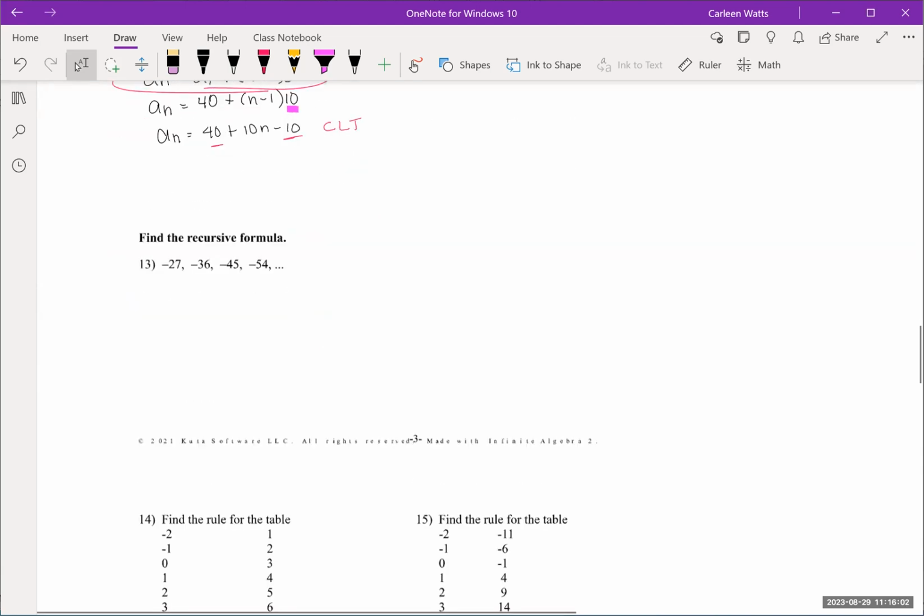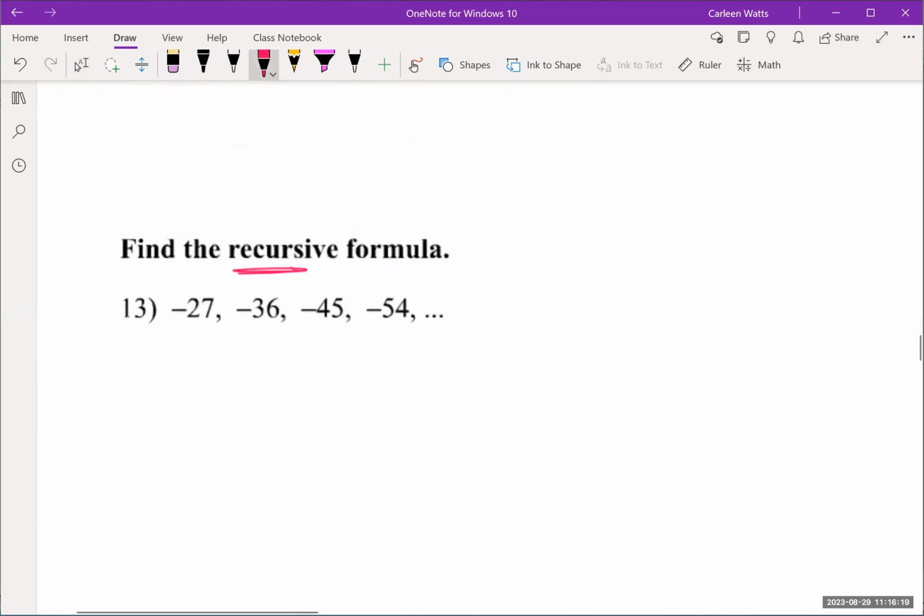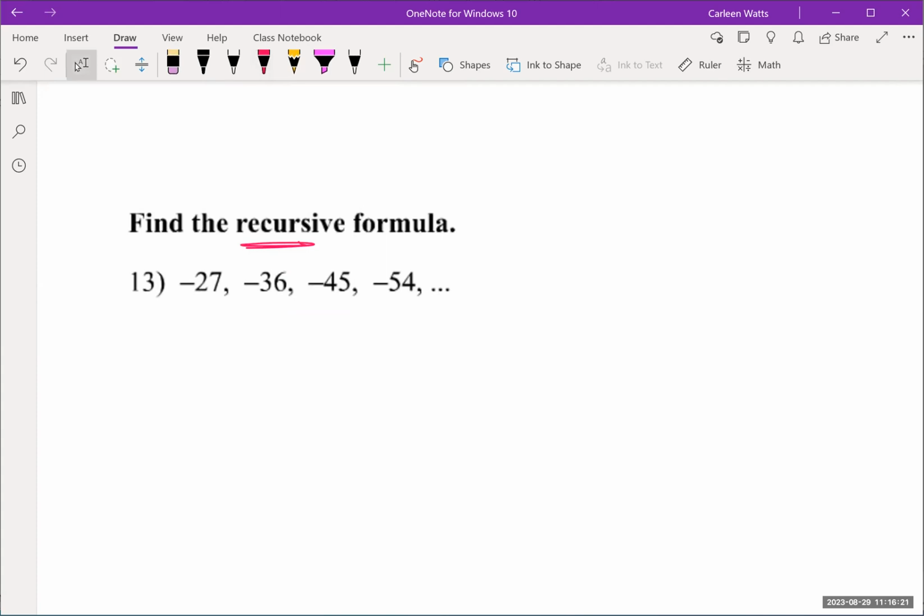Okay, this is explicit. Explicit, notice, only has one part. This is recursive. Recursive has two parts. I want to know what the first term is, and then I want to know what the next term is.